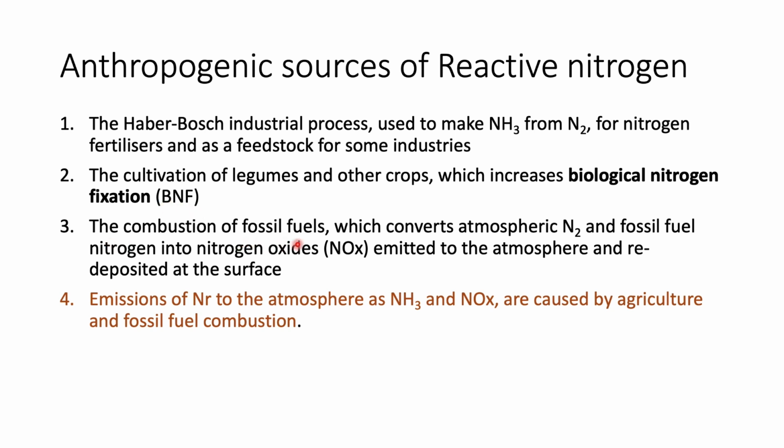And the combustion of fossil fuels converts atmospheric nitrogen and fossil fuel nitrogen into nitrogen oxides, which are emitted into the atmosphere and redeposited at the surface. And emissions of reactive nitrogen to the atmosphere as ammonia and nitrogen oxides are caused by agriculture and fossil fuel combustion. These are all the anthropogenic sources of reactive nitrogen.